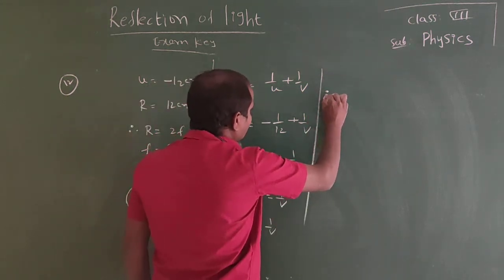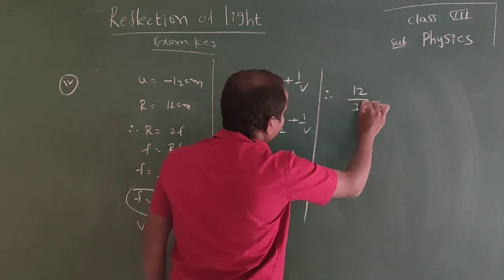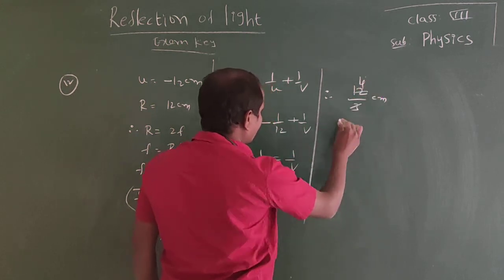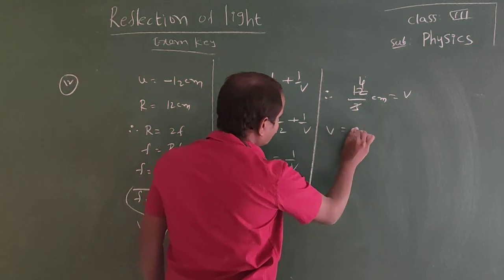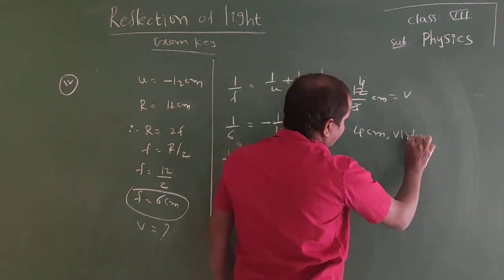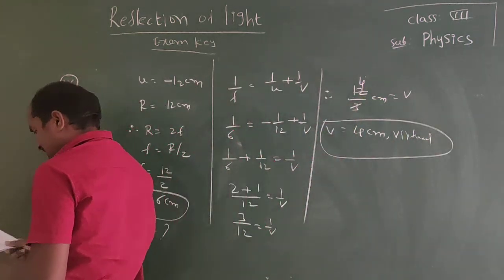Therefore v equal to 12 by 3, that is 4 centimeters, a virtual image.